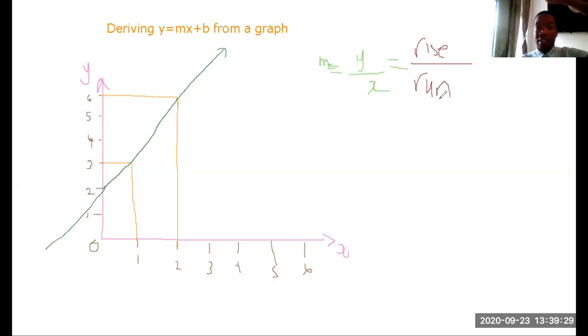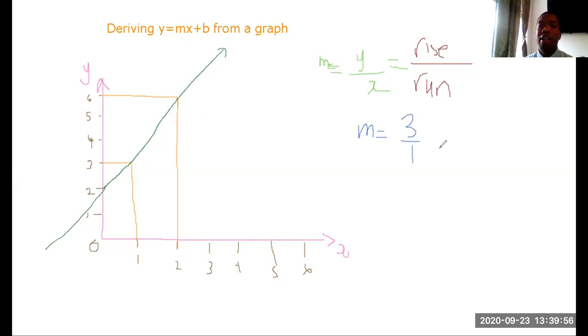So the rise divided by the run: how much did it go up before it went across? It went up 3 slots and then over 1. So in this case, my m would be 3 over 1.